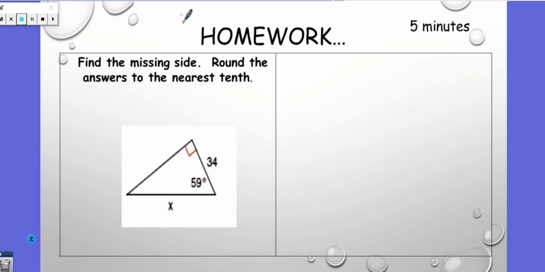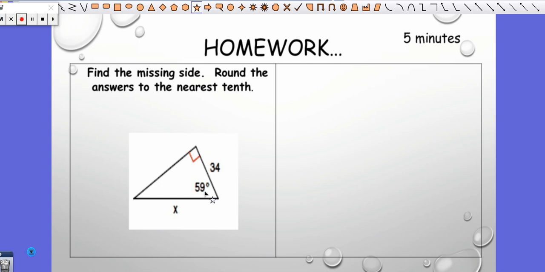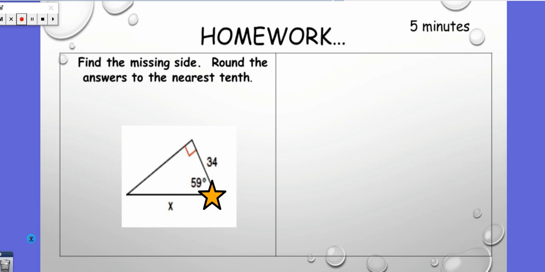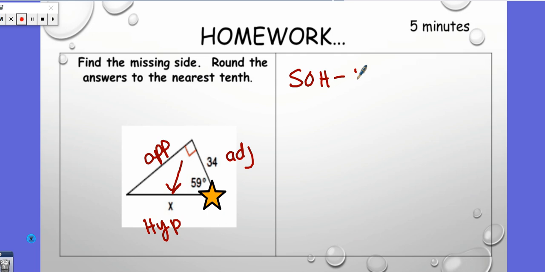I have another one. So I'm going to put my finger on the angle. So there's the angle I'm dealing with. The side that is across from the right angle, which is up here, is the hypotenuse. This side is the adjacent, and this side is the part I can't touch, my finger's not touching, is the opposite. So SOHCAHTOA. So the side that I have and the side that I'm looking for is cosine.